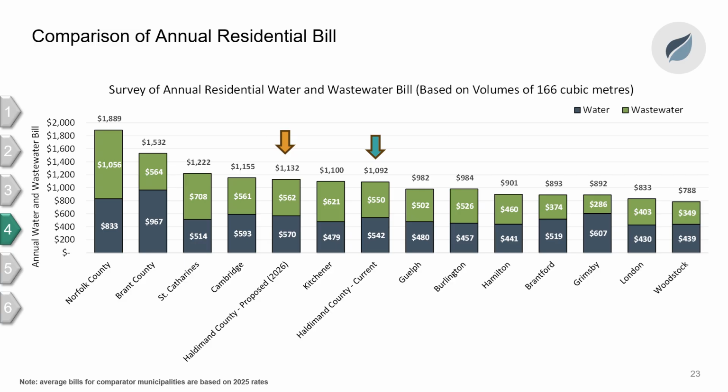And that puts you just slightly higher than Kitchener, still lower than Cambridge, St. Catharines, Brant County, and Norfolk County. Now keep in mind these rates for all the other municipalities are 2025 rates, and likely they will be looking at increasing their rates for next year as well. So we anticipate probably the same relative position to your comparators, even with these proposed increases.